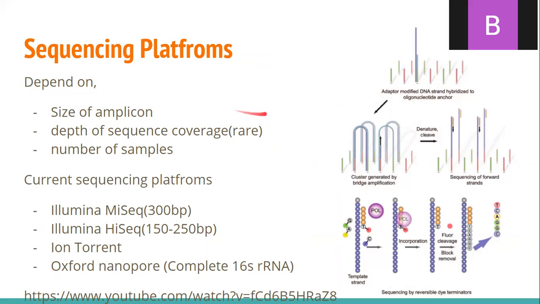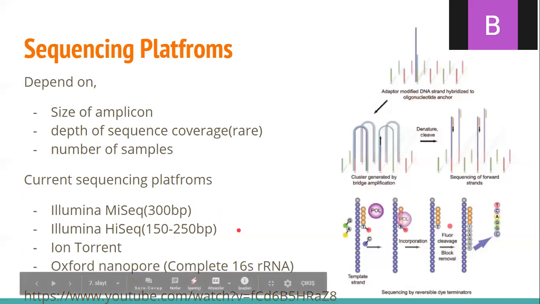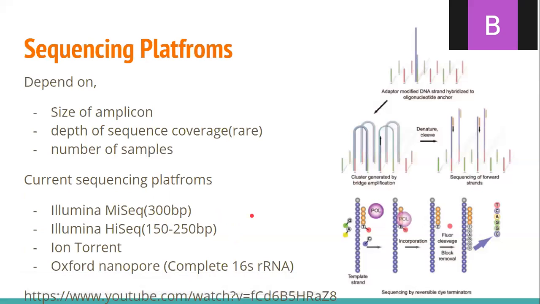These three things determine which method you are going to use. Currently used sequencing platforms are Illumina MiSeq, Illumina HiSeq, Ion Torrent, and Oxford Nanopore. Illumina MiSeq is good for targeted sequencing. It can go up to 300 base pairs paired, and this method is cost effective. It's basically the Illumina sequencing method.